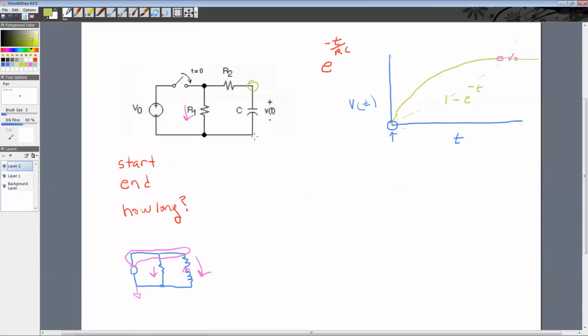And yeah, I like to use the impedance method. So this is 1 over SC. That's still R2.